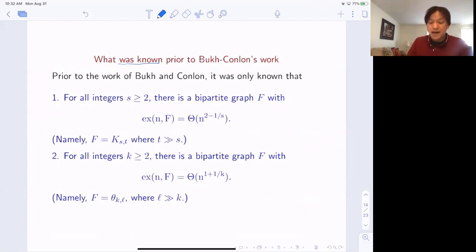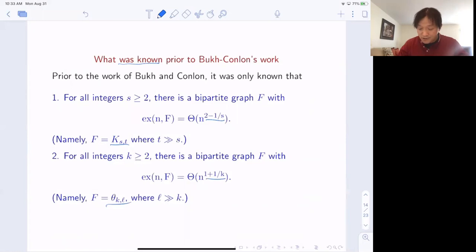One kind is 2 minus 1 over s, realized by complete bipartite graphs. Another kind is 1 plus 1 over k, realized by the theta graph. And for all the other exponents, prior to their work, it's not known whether there is a single graph whose Turán number is on the order of magnitude of n raised to that exponent.